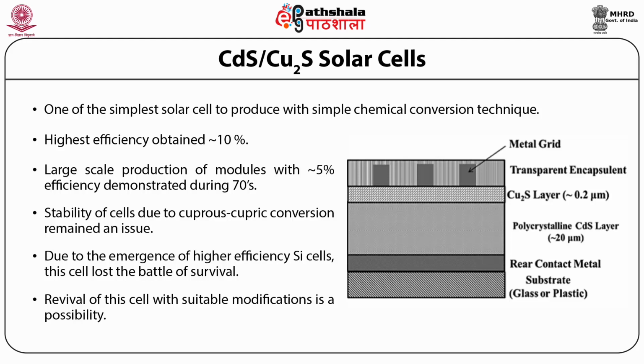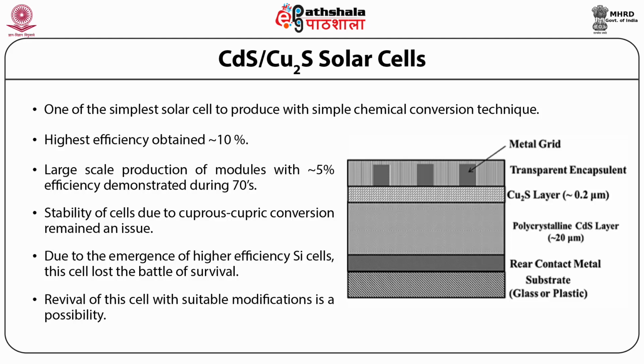The copper sulfide is a p-type material with a band gap of 1.2 electron volts, whereas cadmium sulfide is an n-type material with a band gap of 2.3 electron volts. So the cells produced in this way give an efficiency of about 5 to 9%.